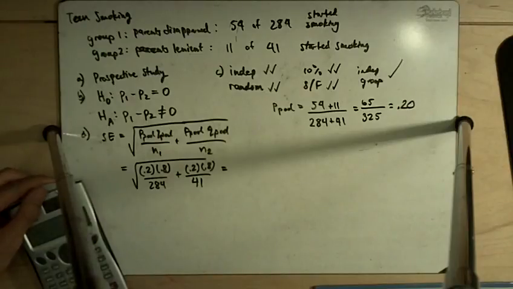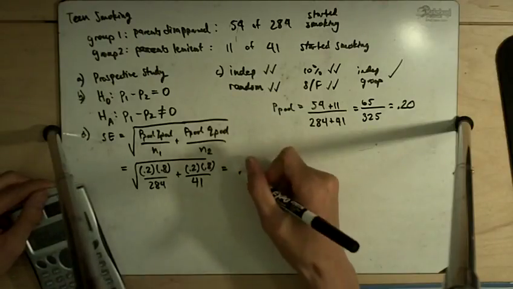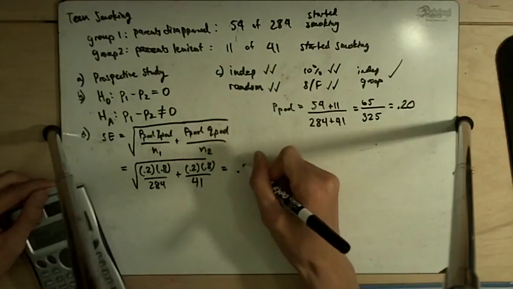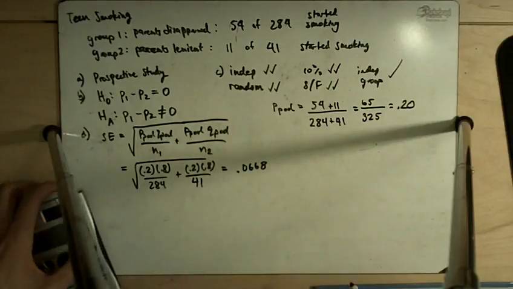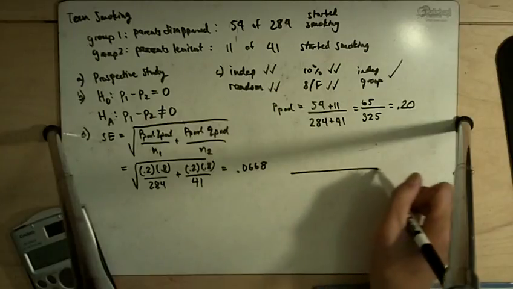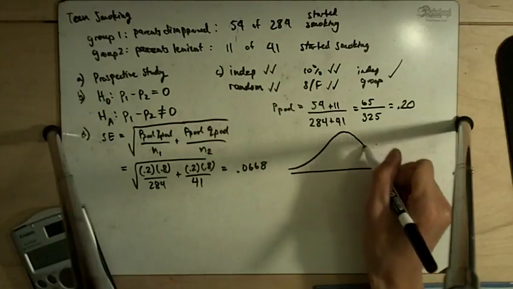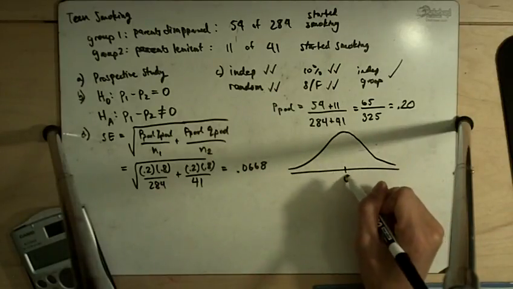So calculating that out, and we take the square root of that, we get this standard error to be 0.0668. Alright, so under the null hypothesis, we are centered at 0.